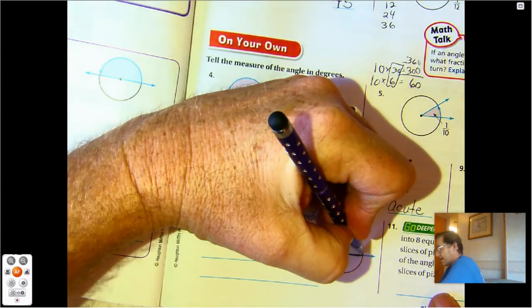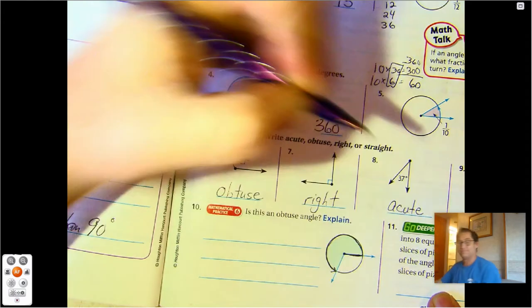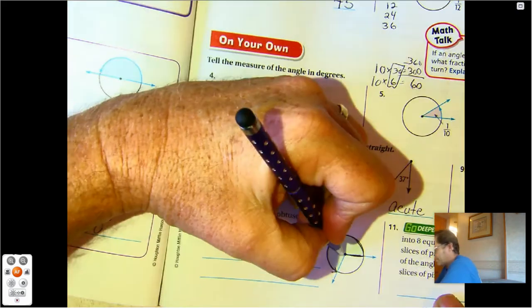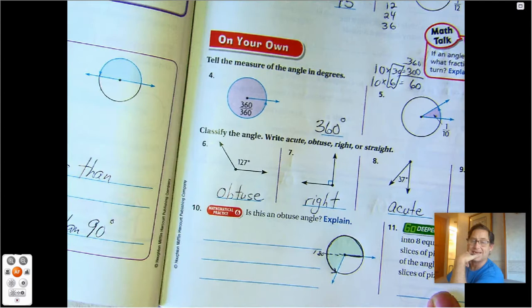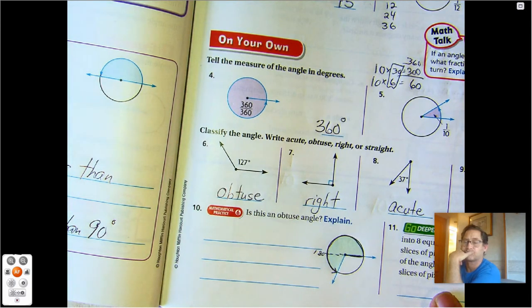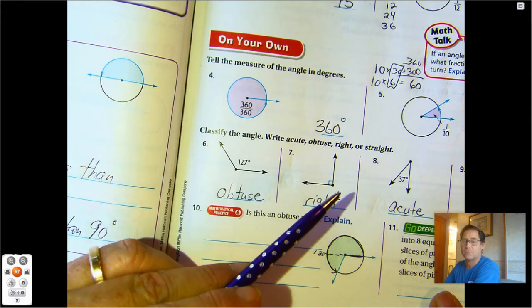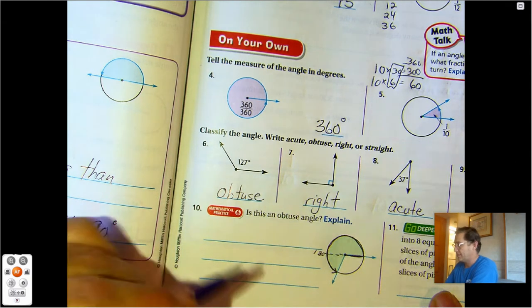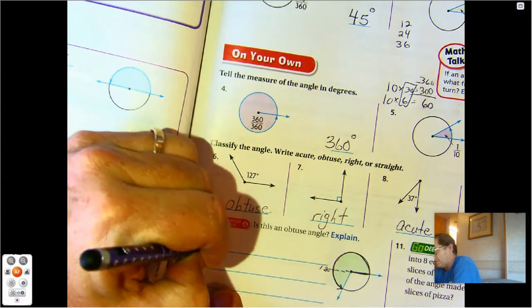So this angle is opening like that, okay? Well, if it was a straight angle, that would be 180. An obtuse angle is greater than a right angle, but less than 180. This one's greater than 180. So no, it's not an obtuse angle.